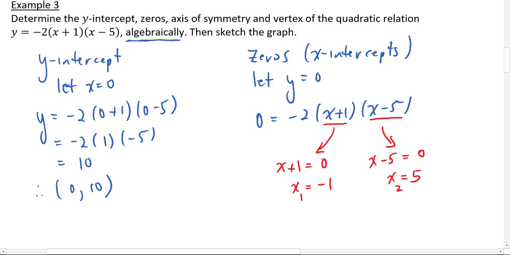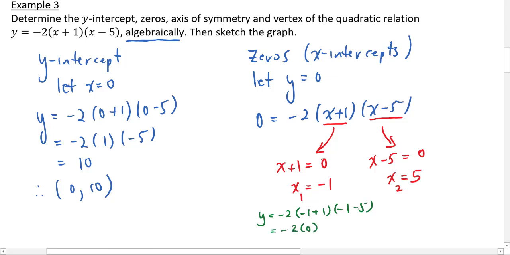If I put 5 into that equation, I get -2 times 6 times 0, which shows that the y value is equal to 0. So we saw that x is equal to -1. So remember that y equals -2 times (-1 plus 1) times (-1 minus 5).